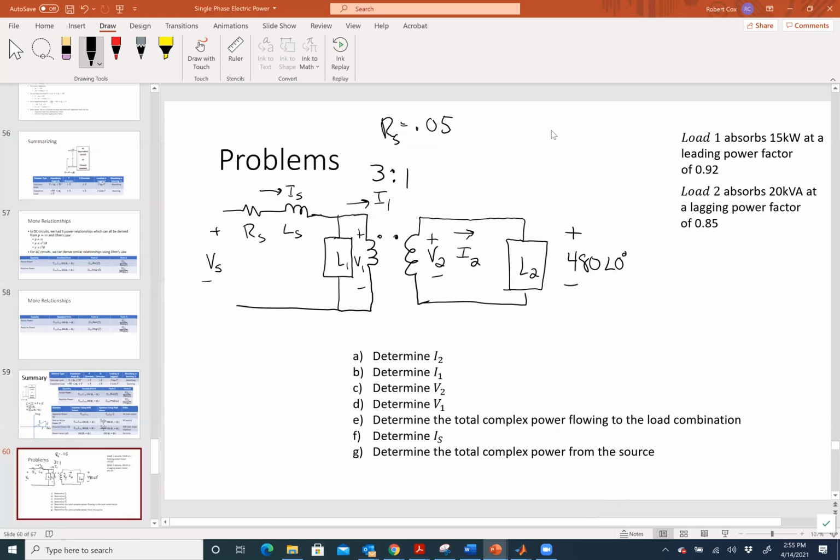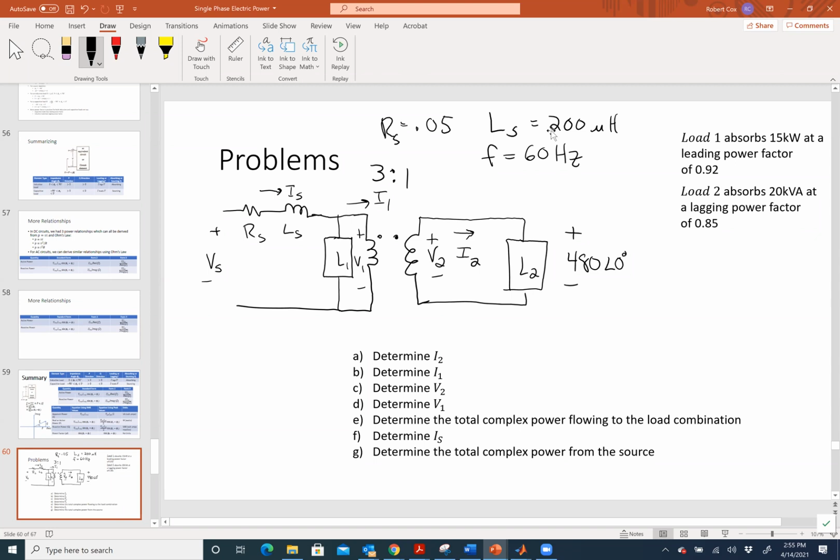LS, this inductor over here, is 200 microhenries. And my frequency is 60 hertz.